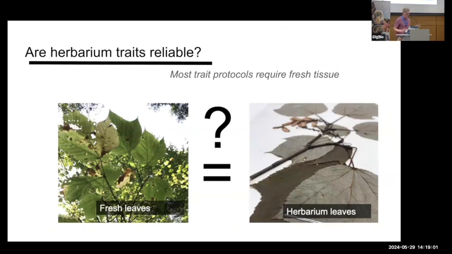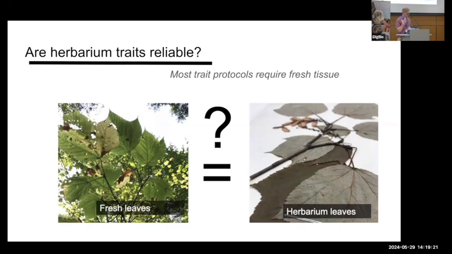So yeah, cool. So I guess a big question, and again, we'll certainly want to discuss it more, but thinking not only what could we theoretically extract from herbarium specimens, but are the data that we're extracting reliable and comparable to other trait protocols?